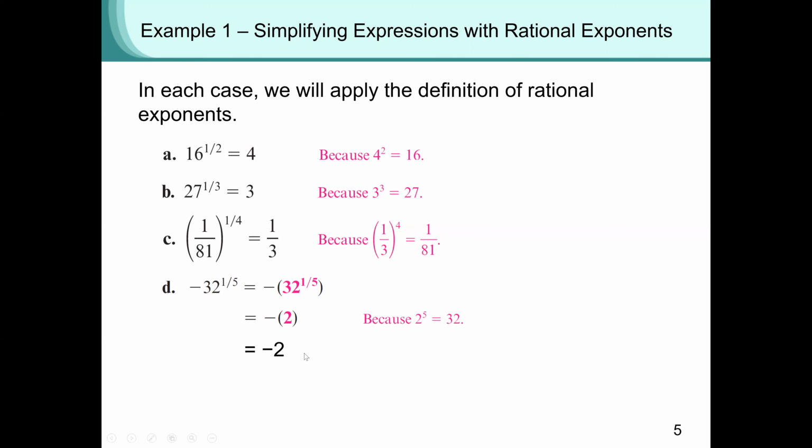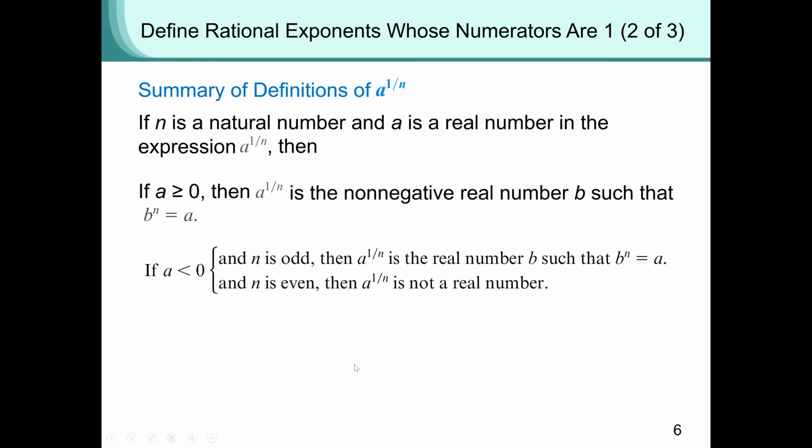So this is again simplified expression with rational exponents where the numerator is 1. And also we can summarize the definition of a to the power 1 over n.